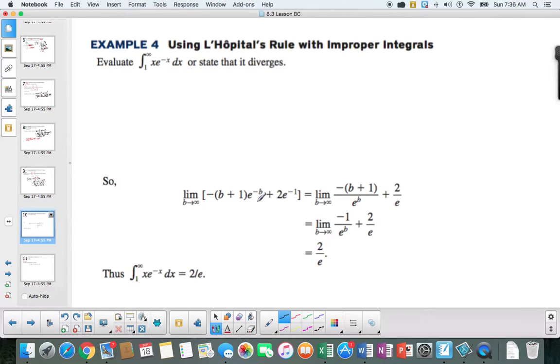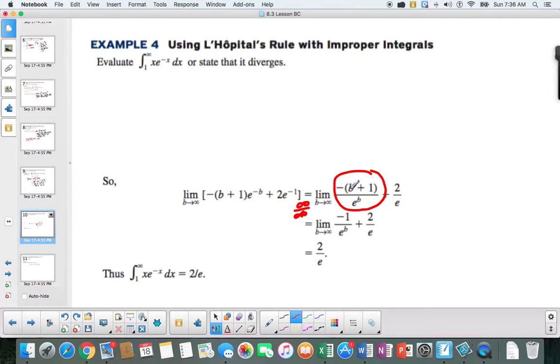And so when I find this limit, I am going to allow b to go to infinity. When b goes to infinity, this portion right here, I'm going to be able to use L'Hopital's rule because it's infinity over infinity.